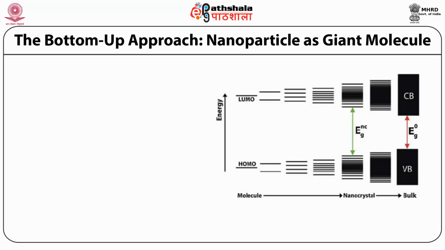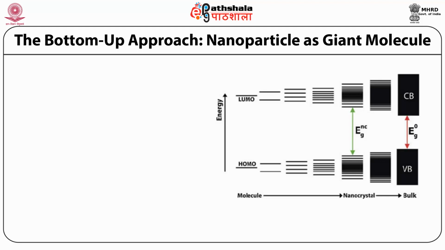Now, if we consider the H2 molecule, which is the simplest molecule, there is a superposition of atomic orbitals of the individual hydrogen atoms, and there will be two molecular orbitals known as the bonding and anti-bonding orbital.